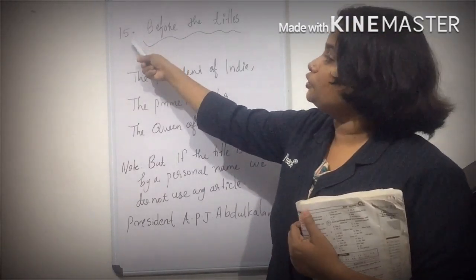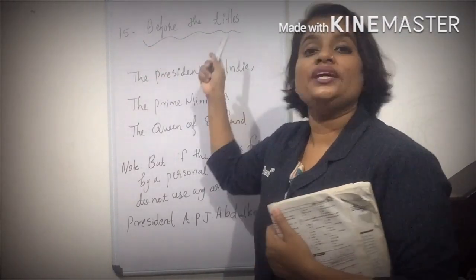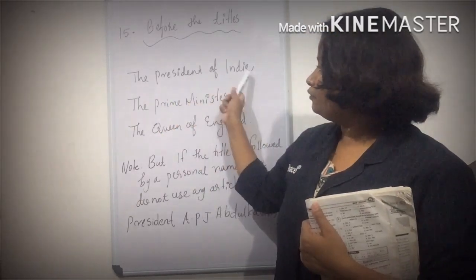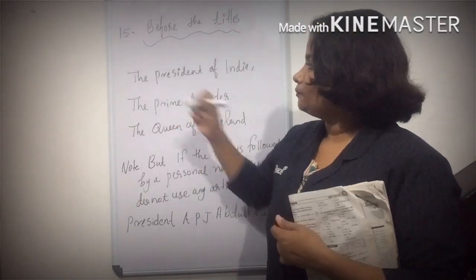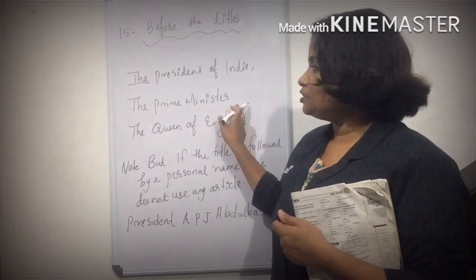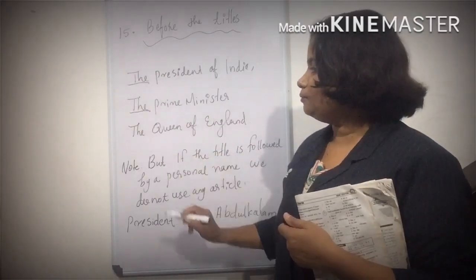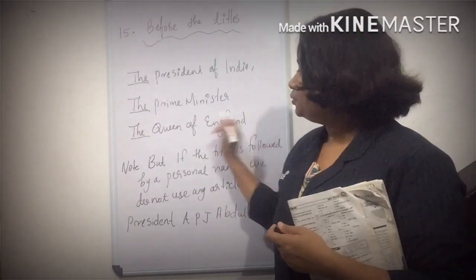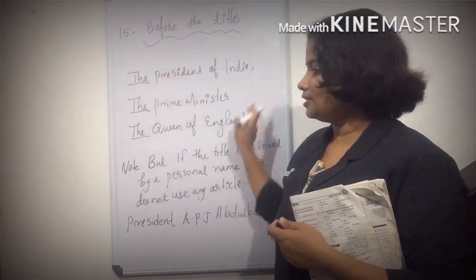Okay, 15th use, before titles we can use the. How? The President of India. Okay, the Prime Minister, we use the before the Prime Minister, and the Queen of England. So we use the before titles.